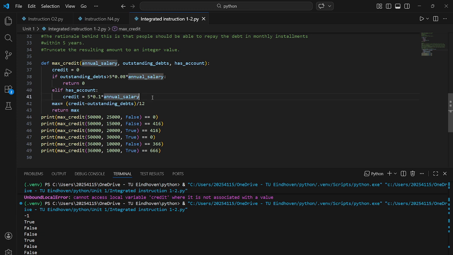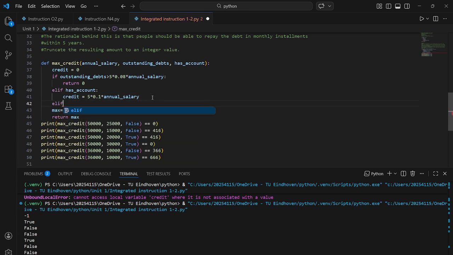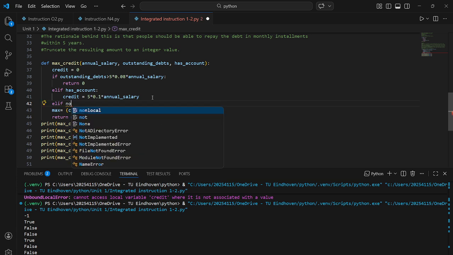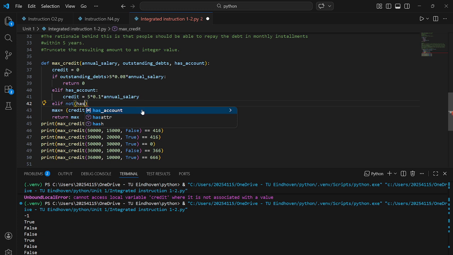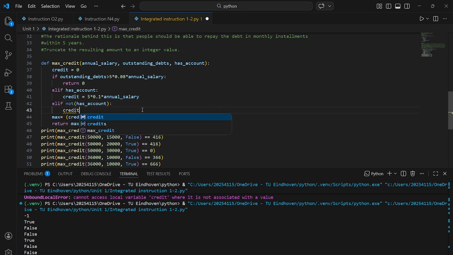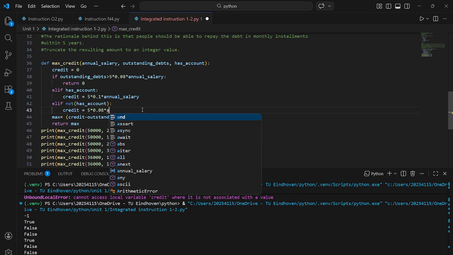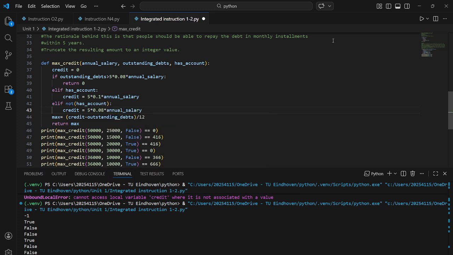But then I realize we haven't included the case where they do not have an account. So else if not has account, when they don't have an account, we can say the credit is equal to 5 times 8% of their annual salary. So let's see if this changes anything. And it does not. Okay.